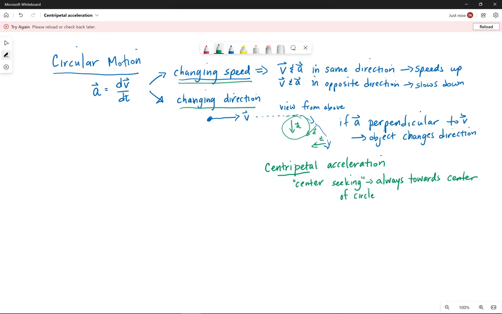So as we're talking about an object moving in a circle, let's say we have a rotating platform. So this is a view from above again.